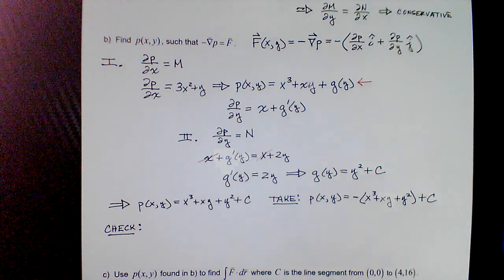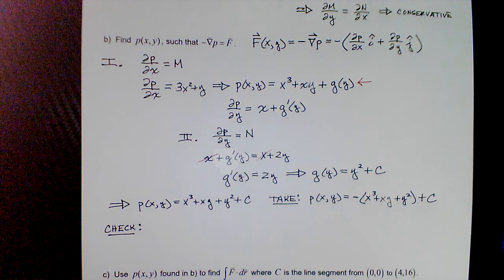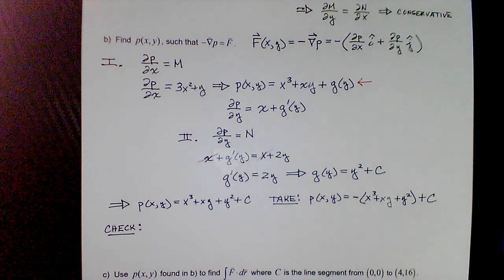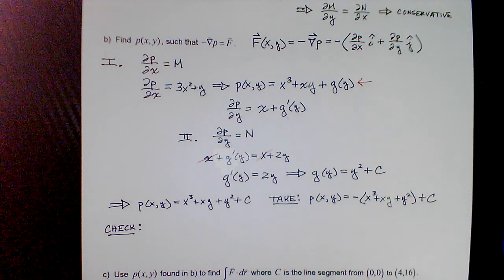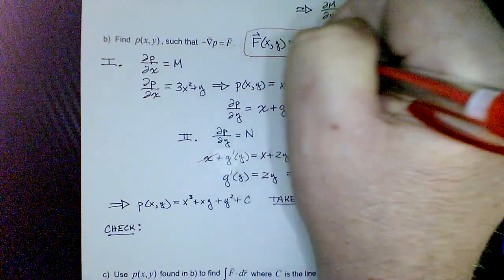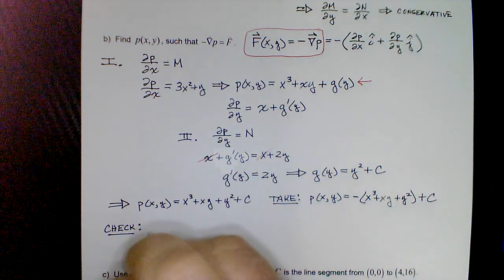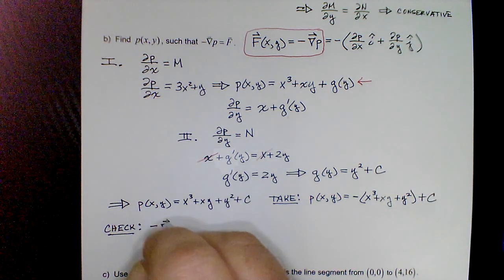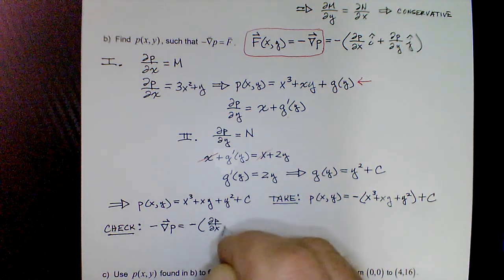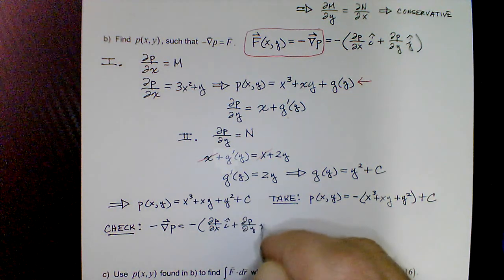Okay, just as a little check, remember that F of x, y has to be equal to negative del of P. So consider negative del of P, which is minus the partial P with respect to x times i plus the partial P with respect to y times j.